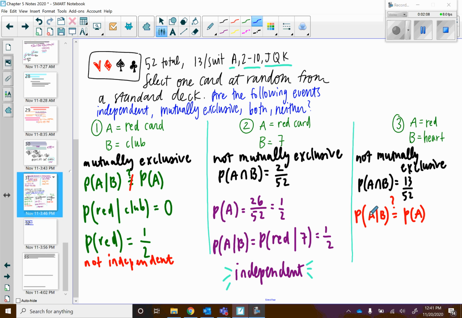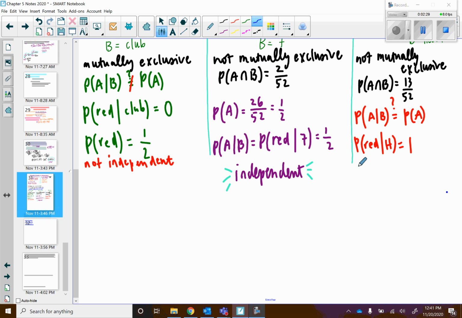Well, the probability that this card is red, given the fact that I know it is a heart, well, if I know it's a heart, I know it's a red card. So the chances that it's red, given that I know it's a heart, that's 100%. And if we compare that to the probability of just being a red card, well, that's 1/2.